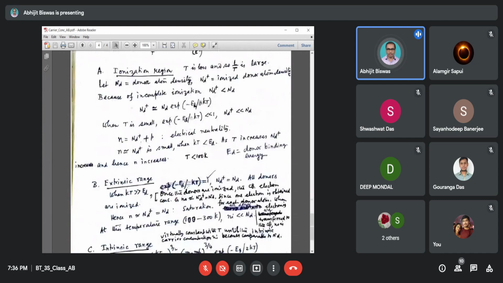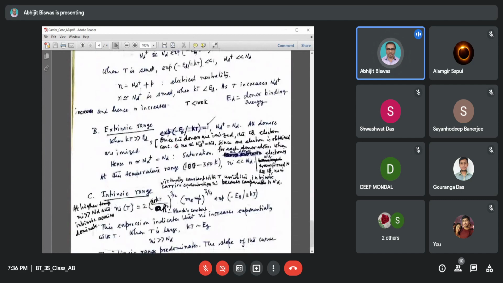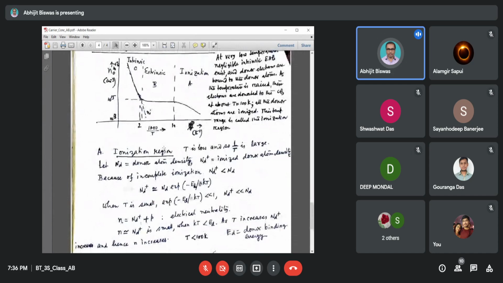So next is the very interesting region, called the intrinsic range. As we further increase the temperature of the sample, what happens?